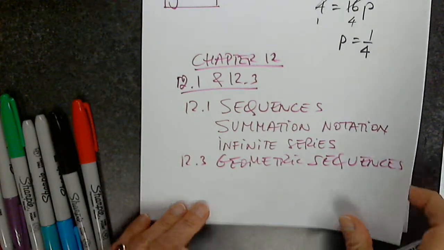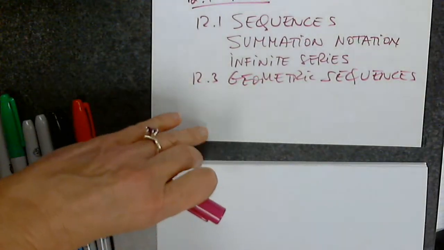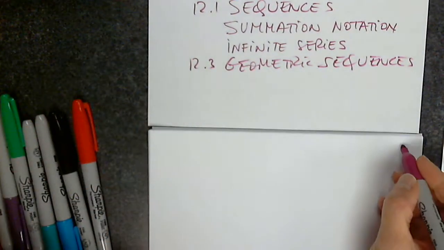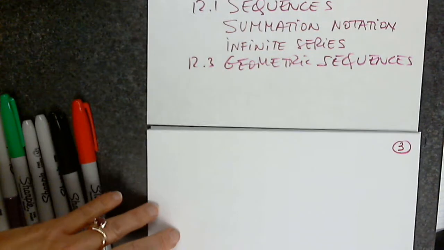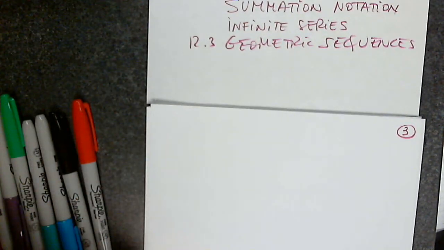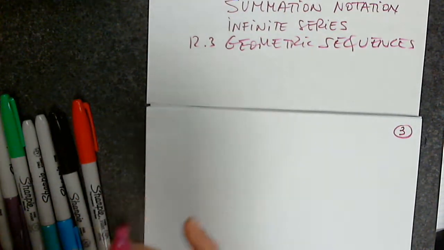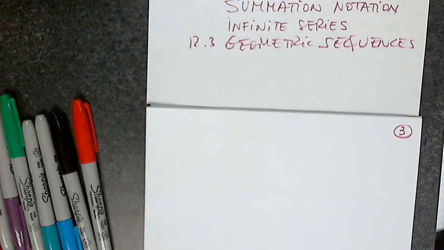Okay, so let's start with the definition of a sequence. What is a sequence? Here's a sequence. I'm going to copy an example from your book, at the end of 12.1, on page 792.